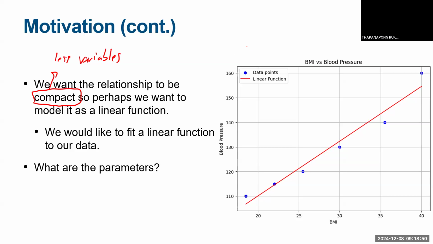You would have a slope and an intercept. So there are two variables. If we have linear data, you can just summarize this linear data into two variables. So the linear function is easy to understand. That's why we pick the linear function.